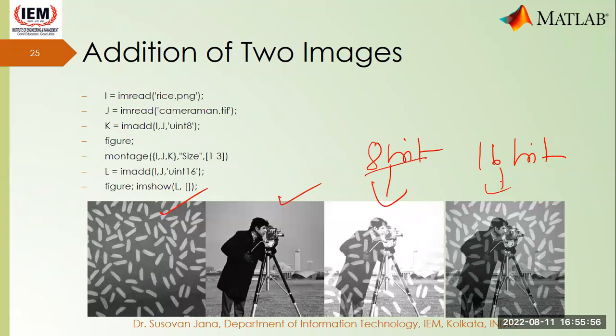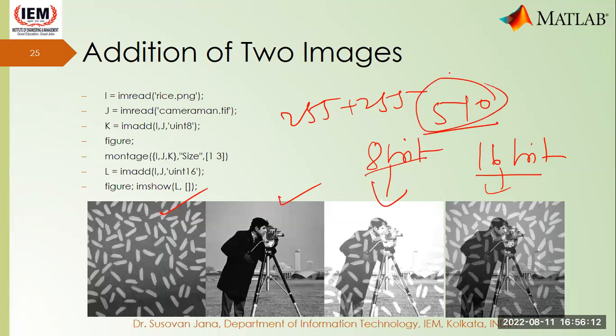But if you have 16-bit, you can accommodate all the intensity ranges. So the maximum we will get is 255 plus 255, that is 510. So if we are using 16-bit, we can easily accommodate 510. If the number of bits varies, will the resultant image of the addition of the two images be different?